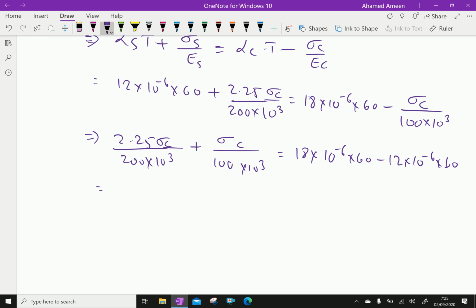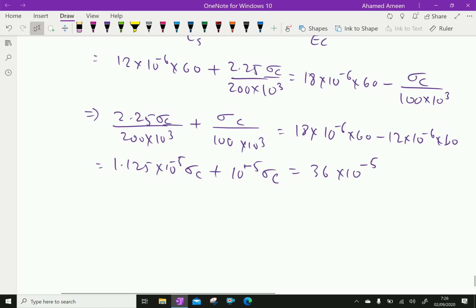So here 2.25 over 200 into 10 to the power of 3 is 1.125 into 10 to the power of minus 5 sigma C. Here we also have 1 into 10 to the power of minus 5 sigma C, equal to 6 into 60, which is 36 into 10 to the power of minus 5.